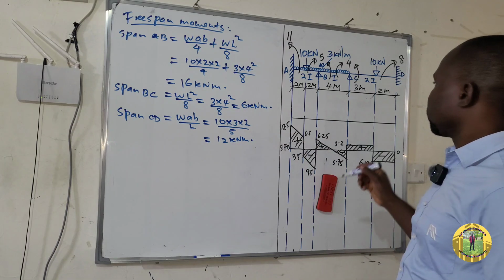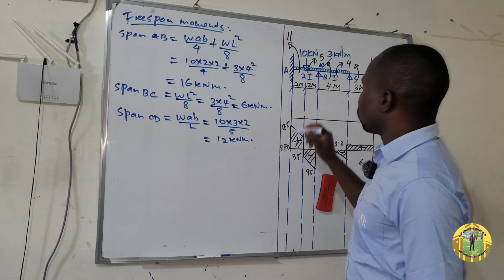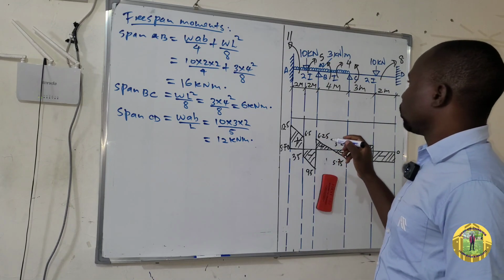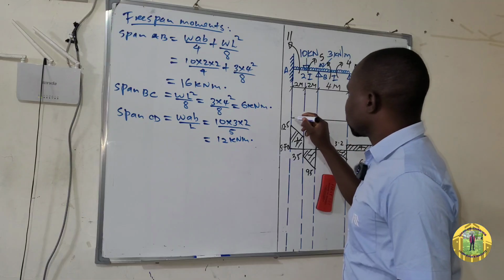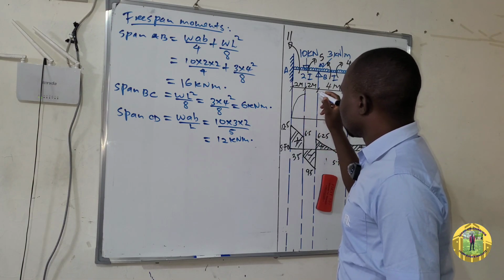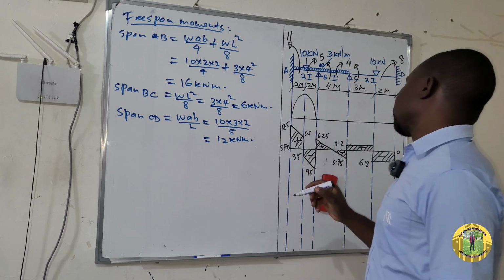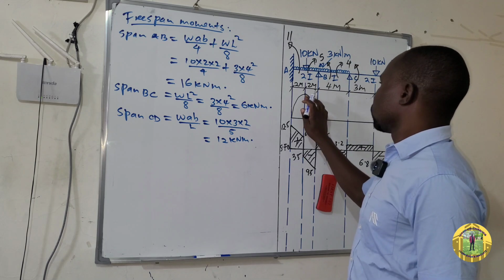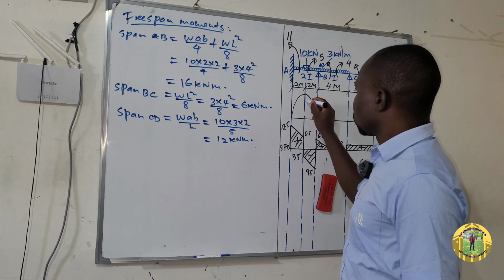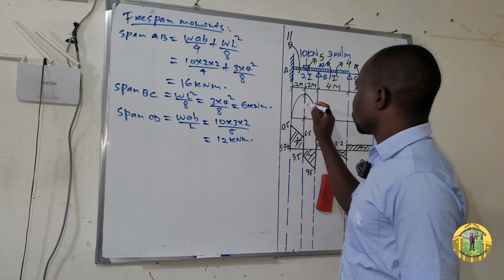Span AB has a combination of both a point load and a UDL, but this will bend in a parabolic shape. Like that. So this height is 16.